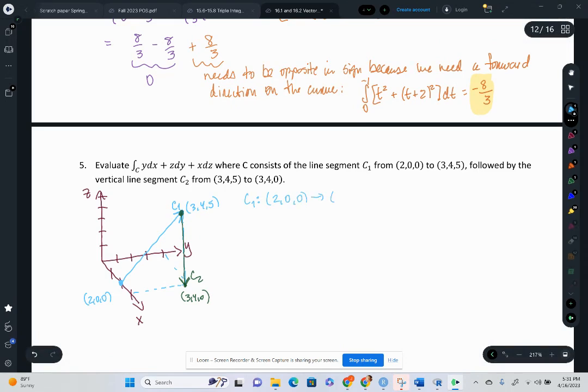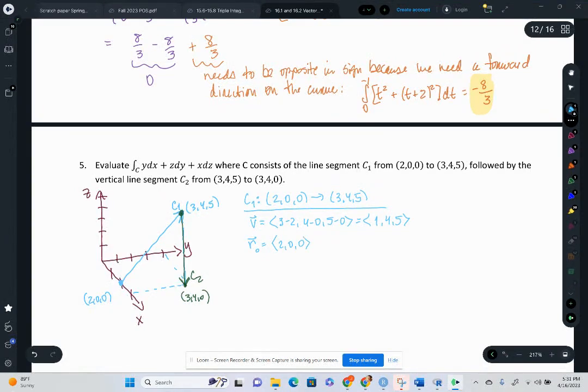200 going to 345. Well, to create a line segment, we need a parallel vector, V. So V can equal 3 minus 2, 4 minus 0, 5 minus 0. So I'm just creating a vector between those 2 points. This simplifies to be 1, 4, 5. And then we need an R naught. R naught is always the first point that's listed, 2, 0, 0.